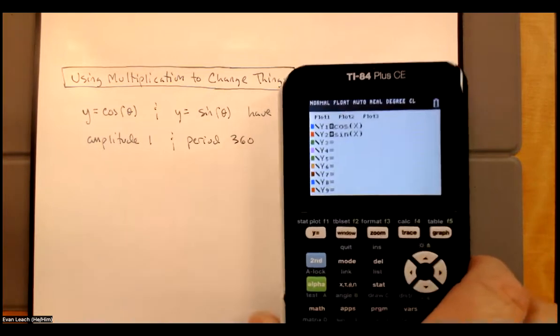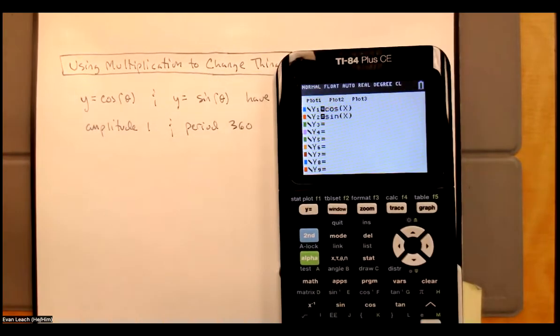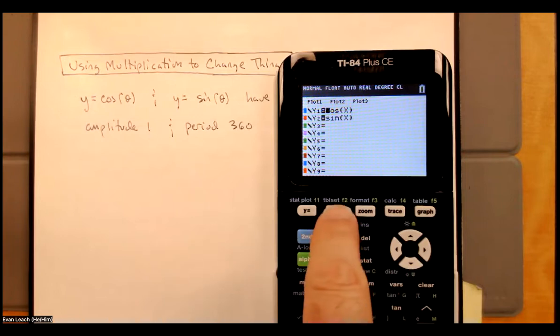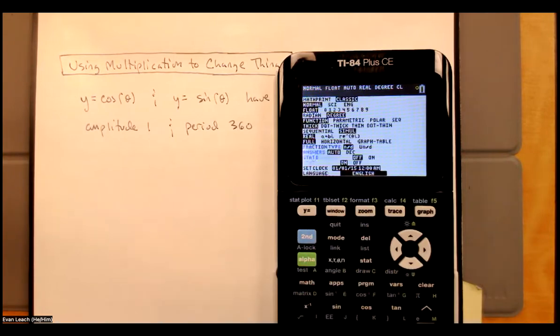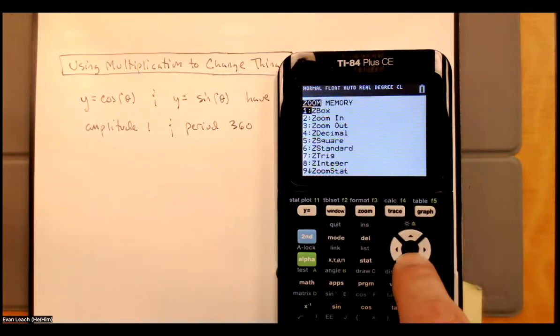So I want to see what my graphs look like of cosine and sine. I want to make sure that I'm in degree mode because I'm going all the way from 0 to 360, so I want my calculator in degree mode. And then I want to make sure that my window is set up right.